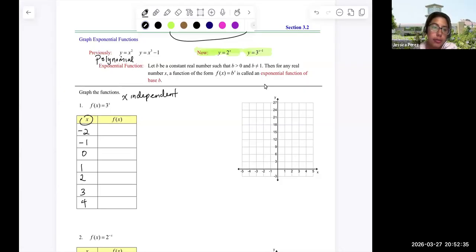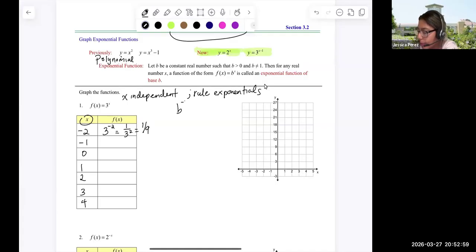When I plug in -2, what's 3 to the -2? That's the same as 1 over 3 to the positive 2, which is 1 over 9. Now, one of the rules for exponential functions is when you have b to the -1 power, it becomes 1 over b to the first power.